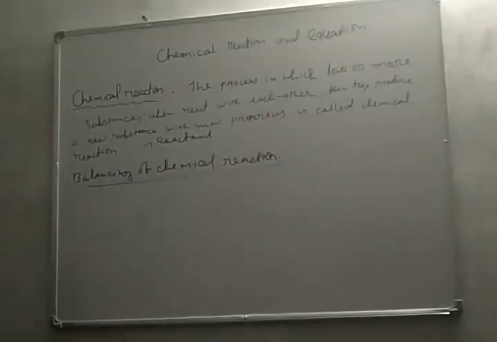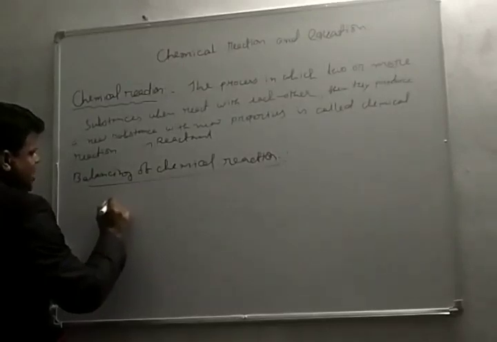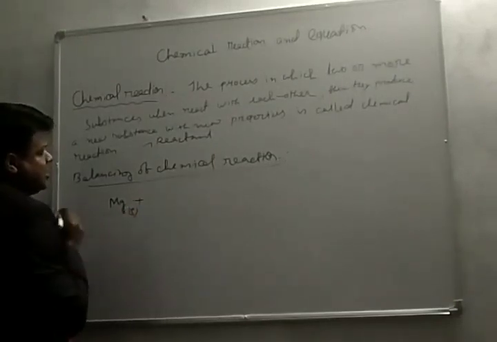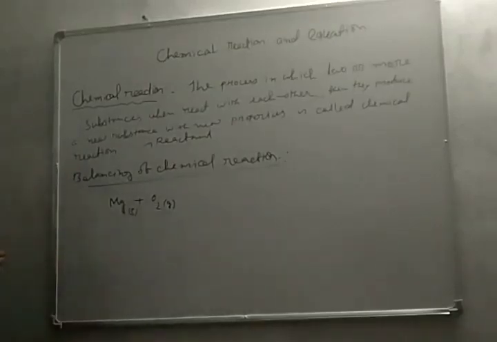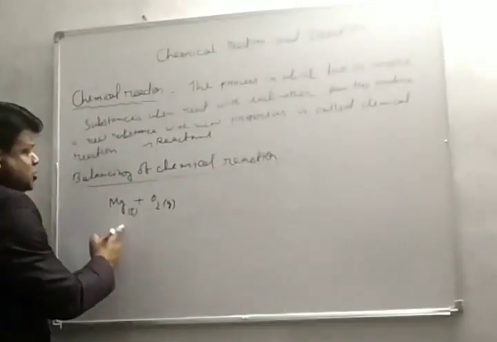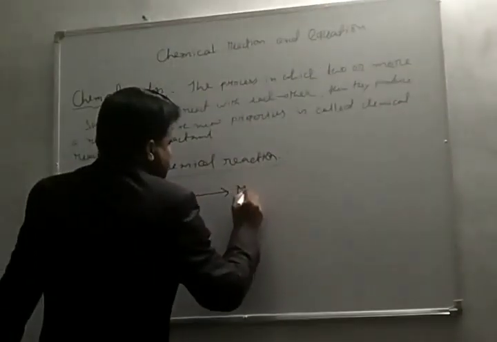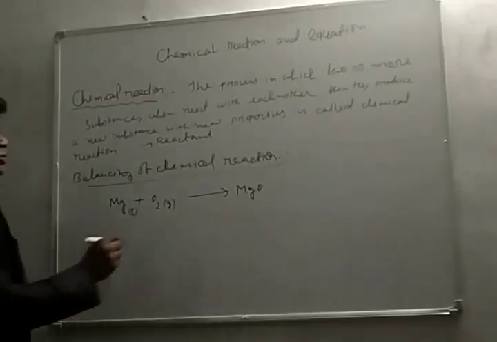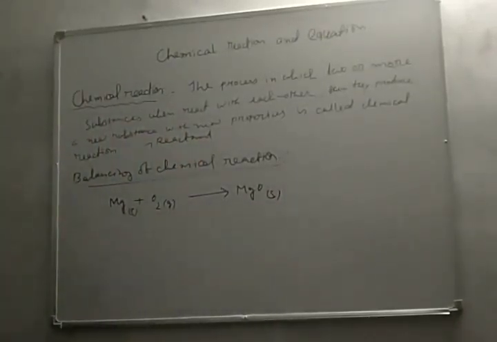Say I have already mentioned that when a magnesium ribbon, which is in solid state, is burned in the presence of oxygen, which is in gaseous state, it will produce MgO, magnesium oxide, which is also in solid state. That should be mentioned in the chemical equation.